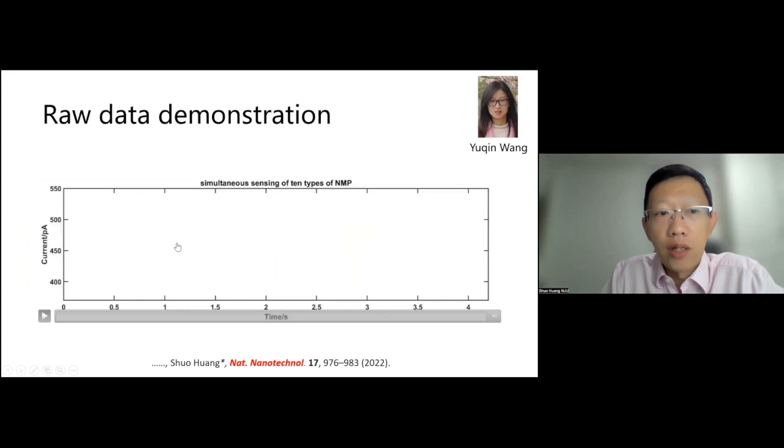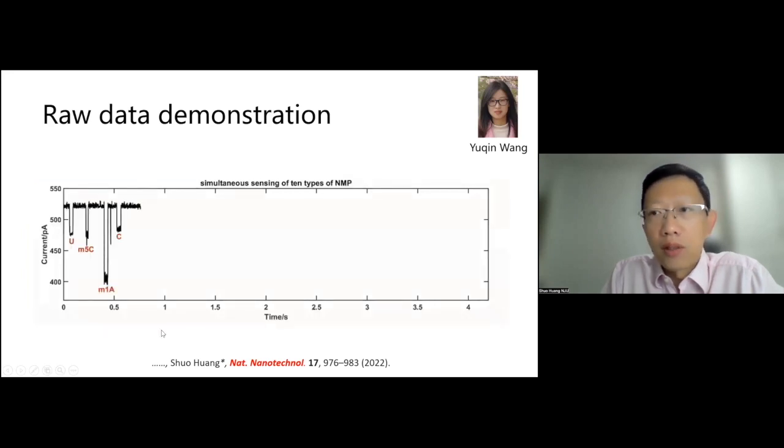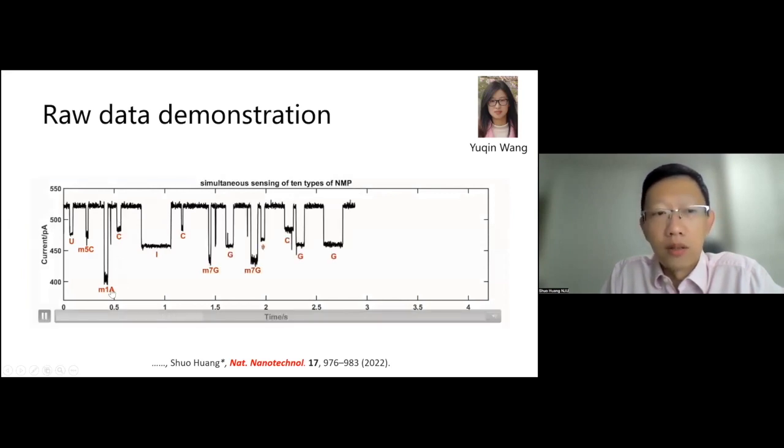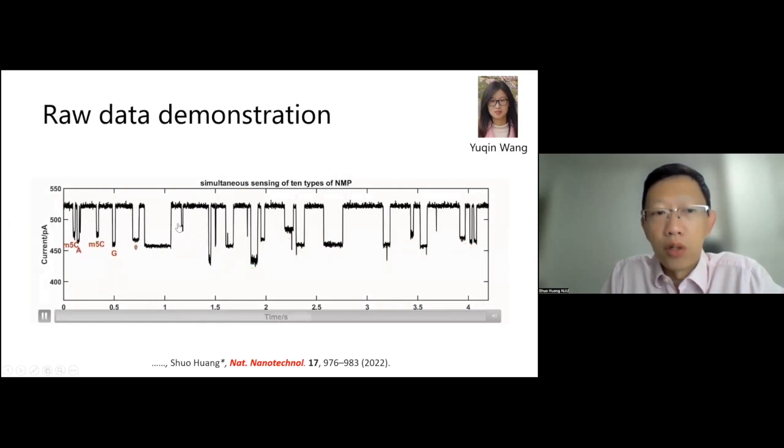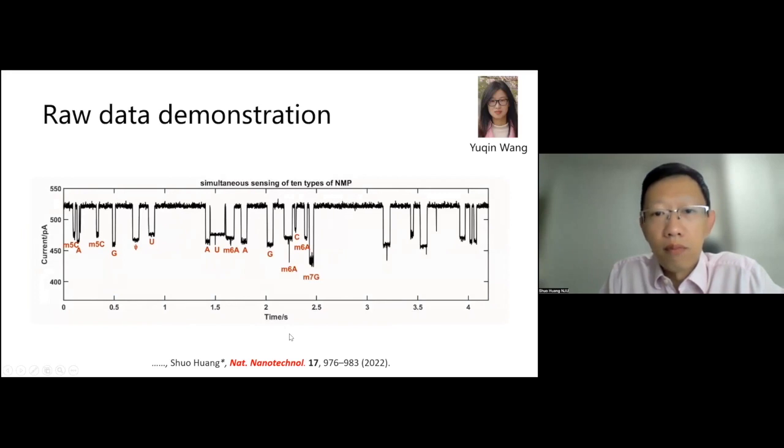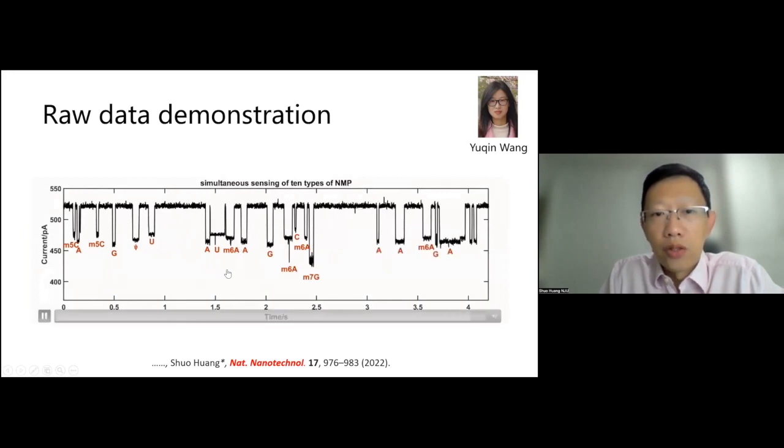Here, I can show you the raw data of this demonstration. It looks like nanopore sequencing already, but actually it's not. It's just separate RNA nucleotides. And whether it's modified or not, we can immediately tell. This is pretty much the actual playback speed of our data acquisition.